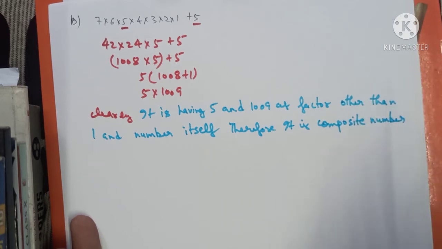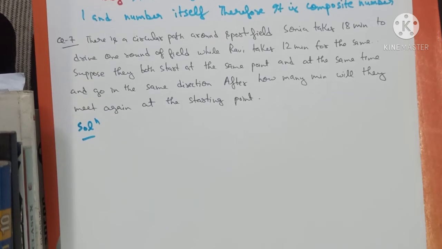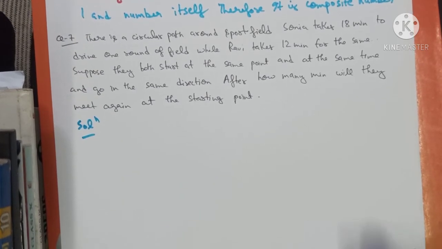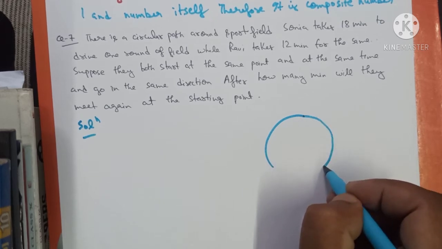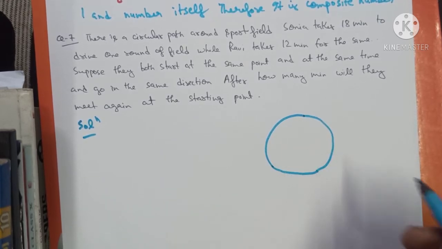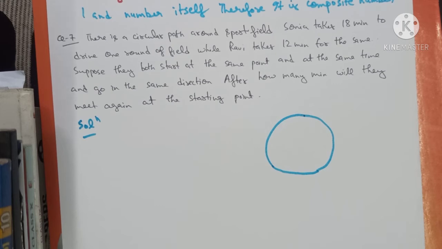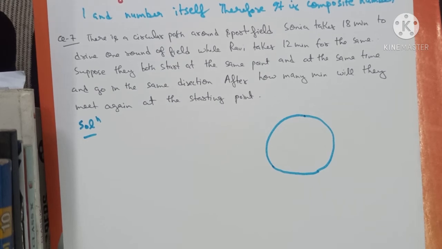Okay, very simple part. In question number 7 it is given that there is a circular path, and in that circular path Sonia and Ravi are driving around.